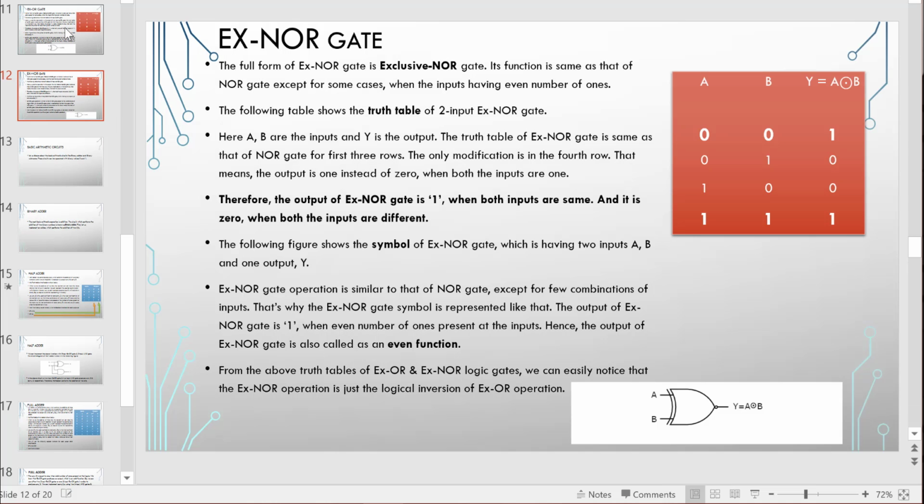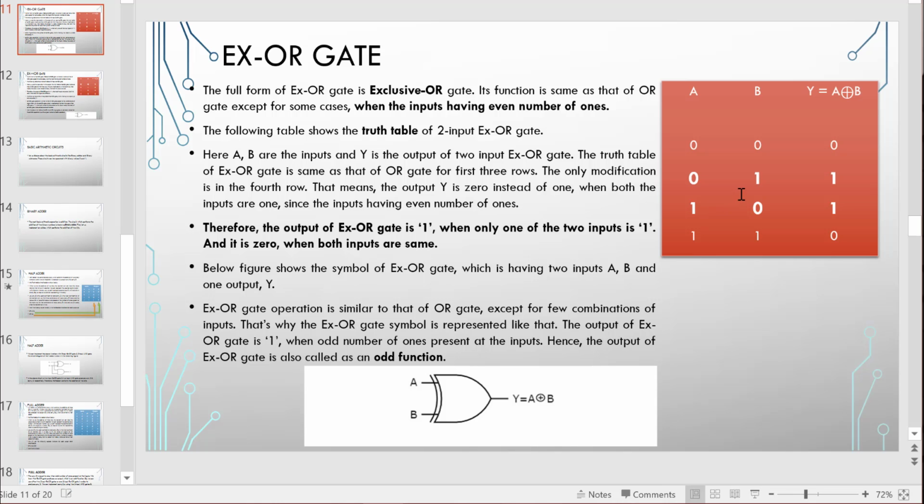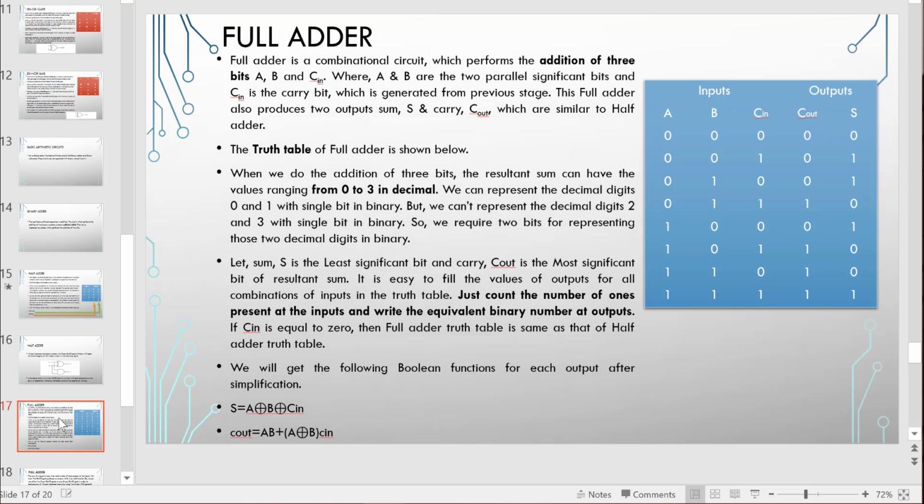So it's working for the odd function, so it's for the exclusive OR gate. So we can write the expression S equals A exclusive OR B exclusive OR Cn.